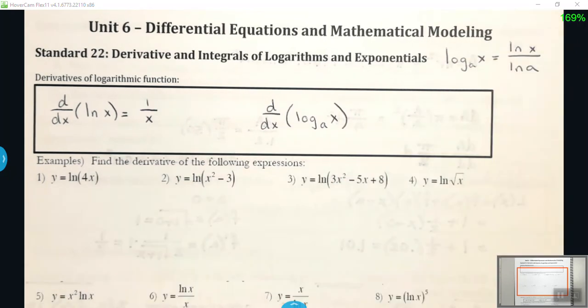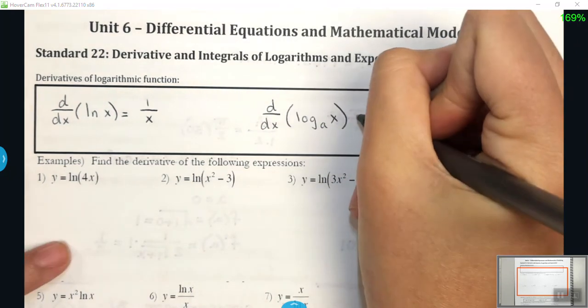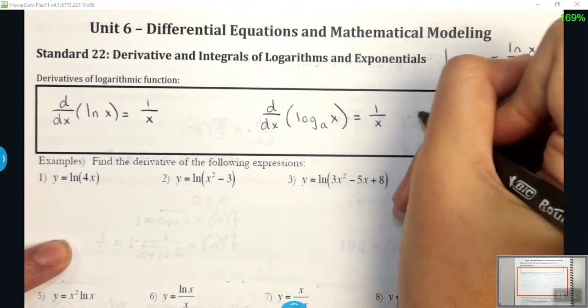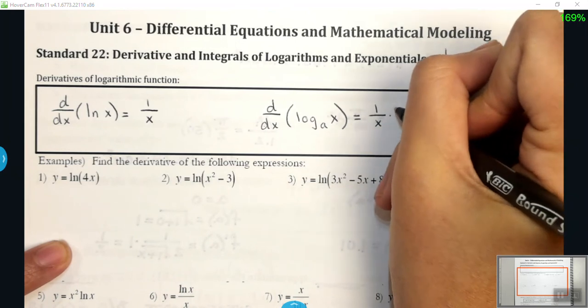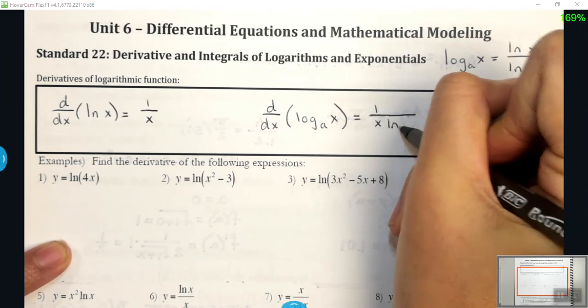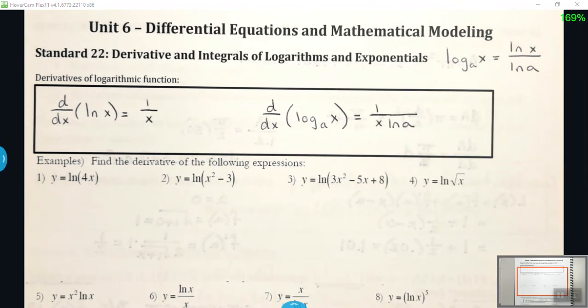So for that reason, the derivative of this is 1 over x times 1 over natural log a, or you can just write 1 over x natural log a. Okay, got it?